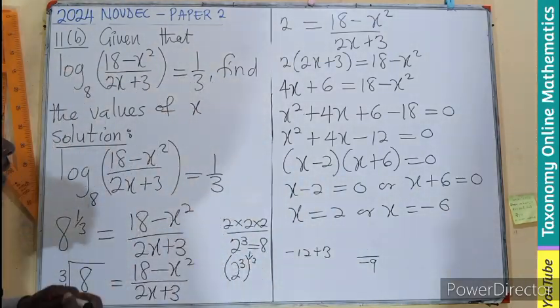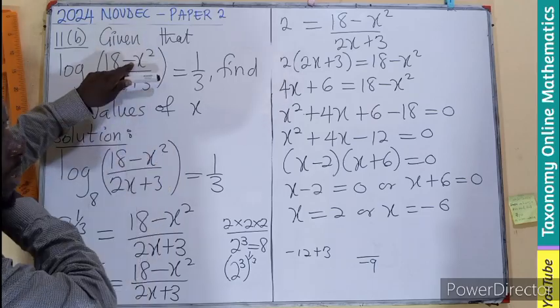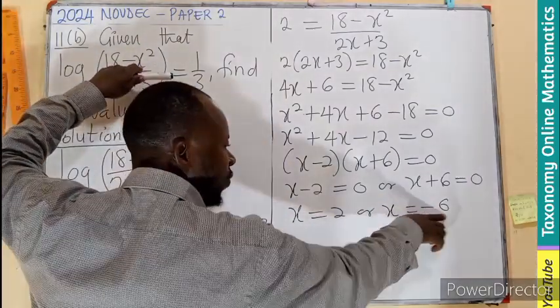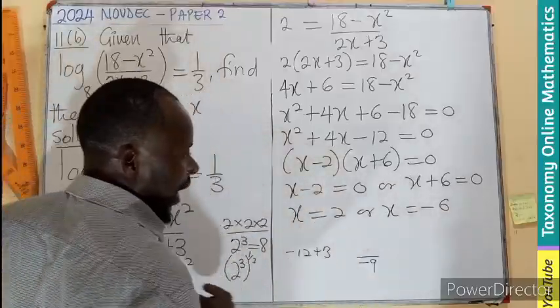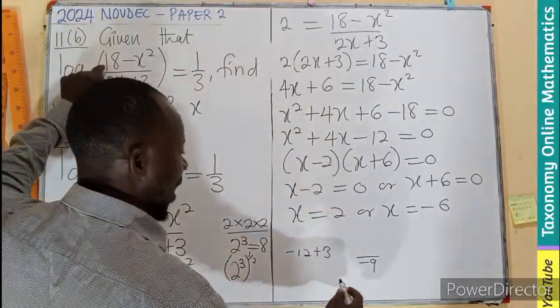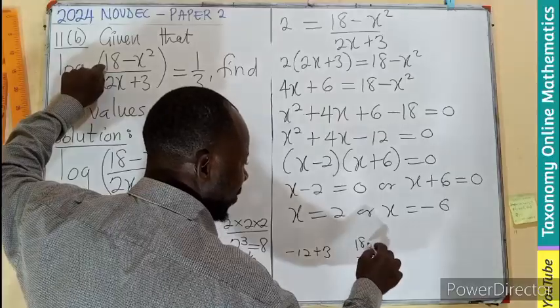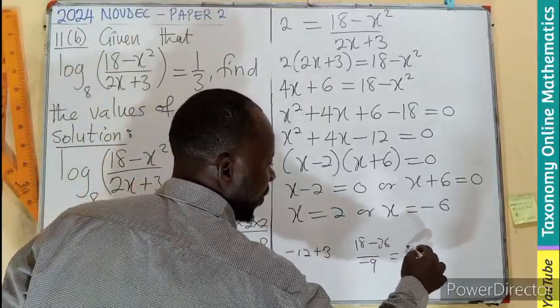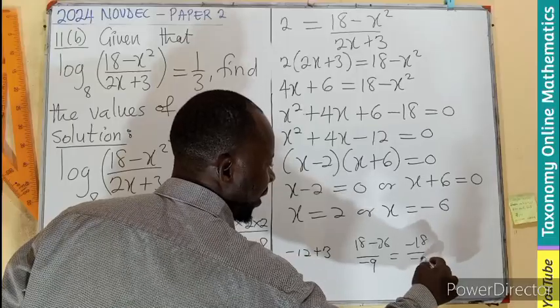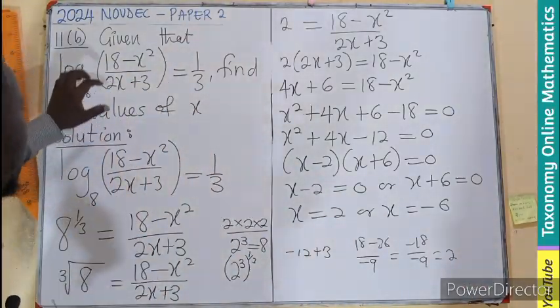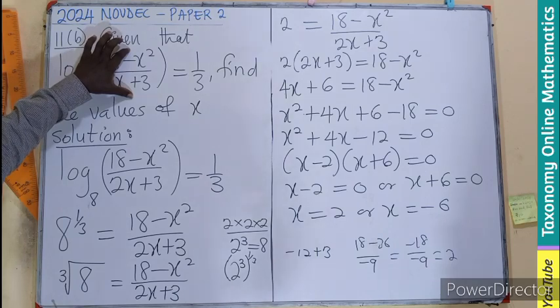Let's look at the numerator. This is negative on its own, the x squared, and this x is going to be negative 6 squared, which will give us 36. So I'll be having 18 minus 36, that will be giving you negative 18. Negative 18 over negative 9 equals 2. So the argument is going to be 2 here.